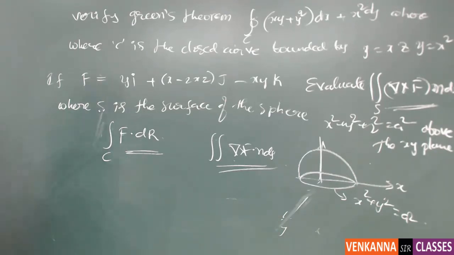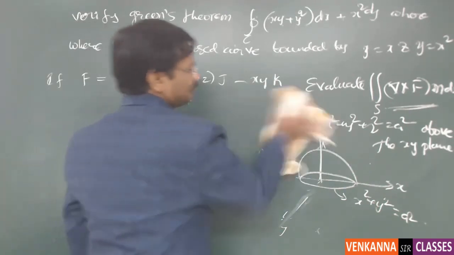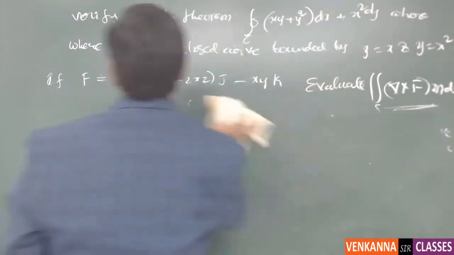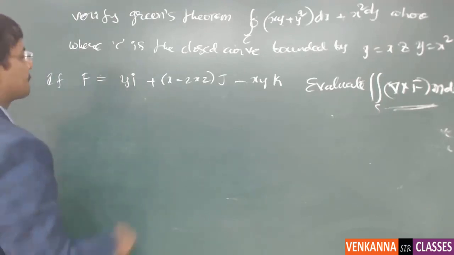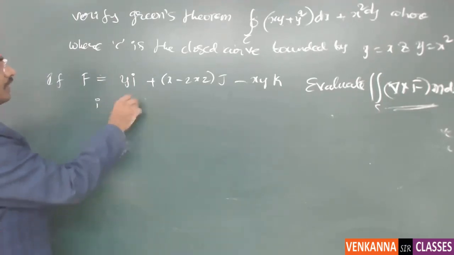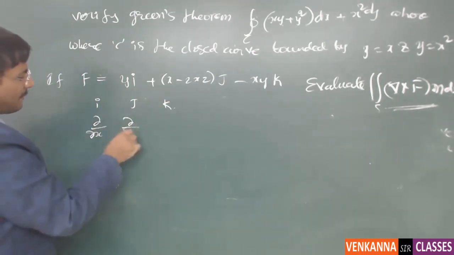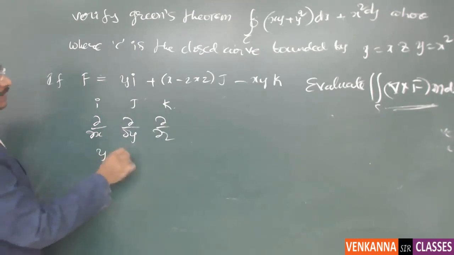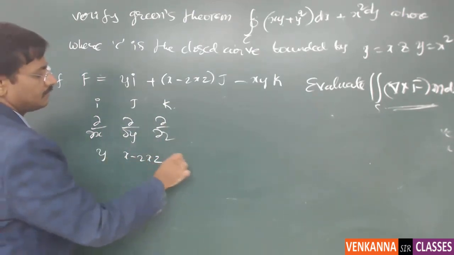Okay. So here, del cross F value is the determinant with i, j, k, dou by dou x, dou by dou y, dou by dou z, and then y, x minus 2xz, and minus xy.